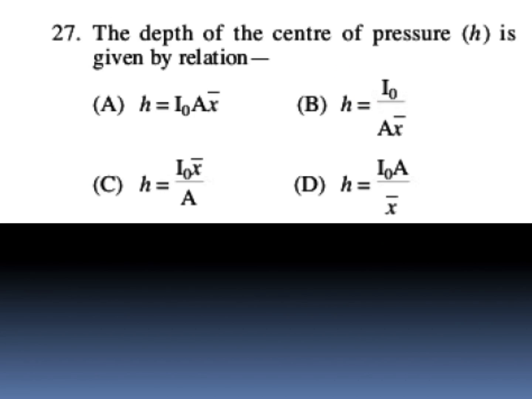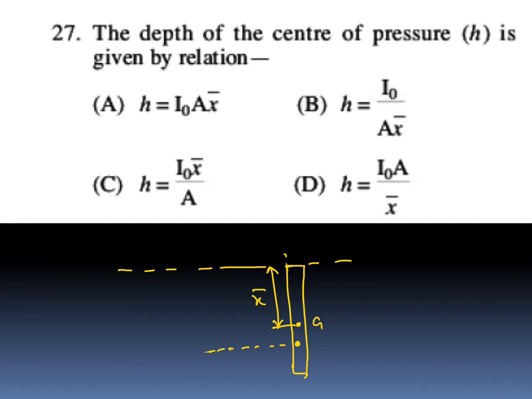The depth of center of pressure, H star, is how much? So if a body is like this, a vertical surface, you have to calculate its H star. Let this be G point, CG, this is X bar. H star will come below your CG point. H star, as for this question, it's H. So the H formula is H equal to I G divided by X bar A plus X bar.